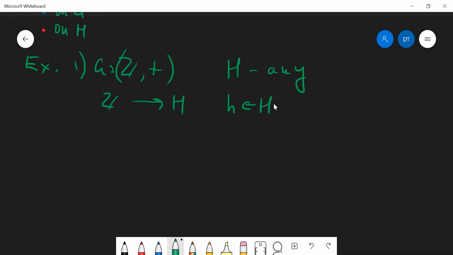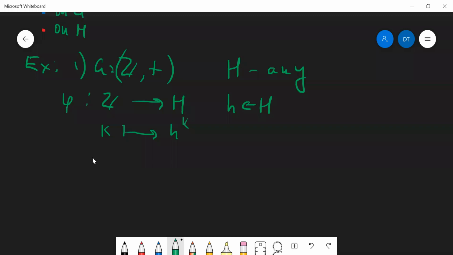Then I define a map which takes an arbitrary integer k to the kth power of the element h. This is a map phi. Well, it depends on h, but I'm not going to put any indices here. So this map is an example of a homomorphism from Z to an arbitrary group H. We just take an integer k to the kth power of an arbitrary element h, and this element h is fixed for this phi.